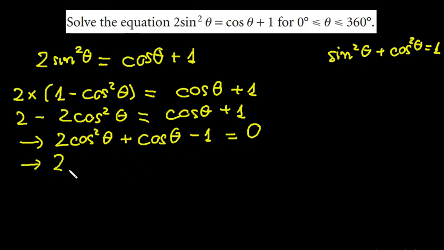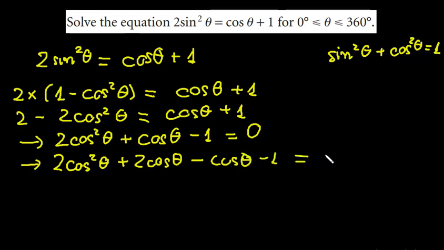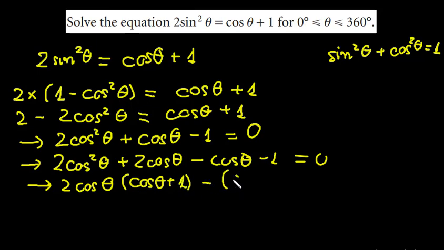Now I have 2 cos squared theta plus 2 cos theta minus cos theta minus 1 equal to 0. I will have 2 cos theta multiplied by cos theta plus 1, minus cos theta plus 1, equal to 0.